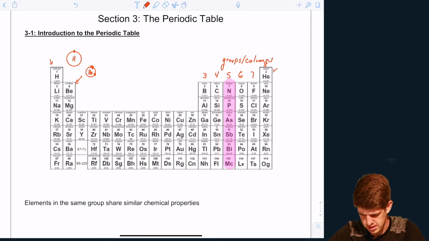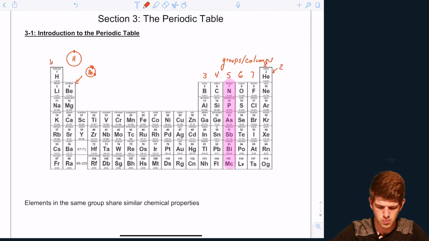Helium is 2. And so one of the principal facts is that all of these elements are going to be trying to get to 8, because they are going to want an octet. The only exceptions, of course, are going to be hydrogen and helium, because the maximum number of electrons they can have in their small shell is 2.